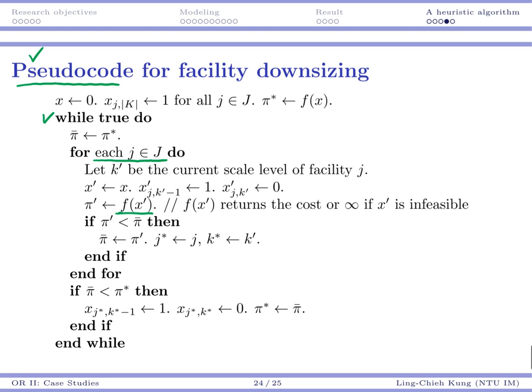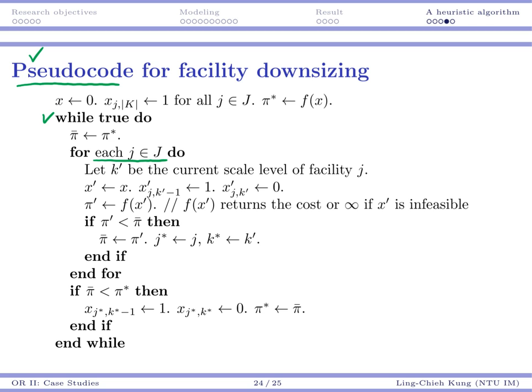So then you would evaluate this particular downsizing idea. So of course, if your x already has one facility having the lowest possible scale level, then you just skip that one. Okay. So once you do the evaluation, you get pi prime, and once you have that pi prime, you ask whether pi prime is lower than pi bar. If that's the case, then pi prime is a good one.